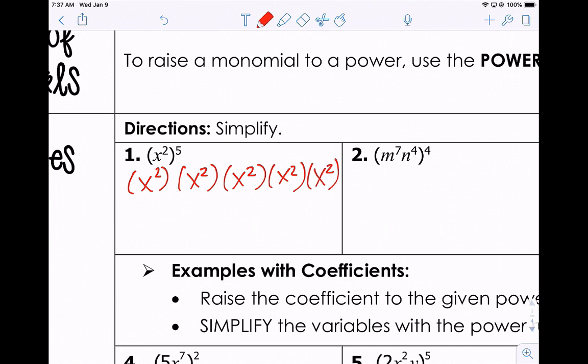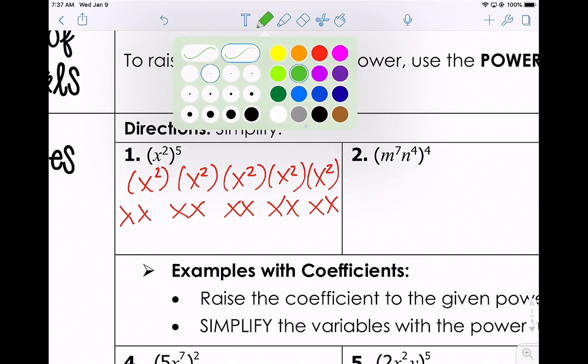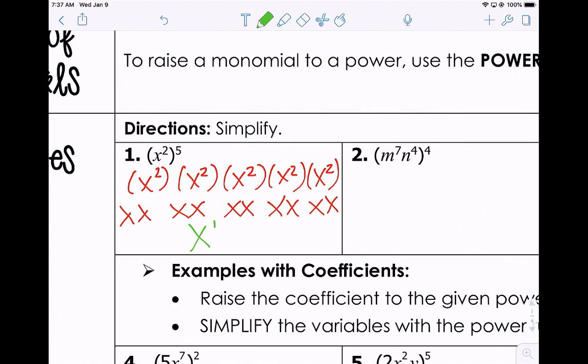Well, each x squared actually means x times x. So x times x, x times x, x times x, x times x. And now if I were going to rewrite all of this in simplified terms, I just see how many there are, and I can rewrite that. So I have 2, 4, 6, 8, 10. So I would rewrite this as x to the 10, which is the exact same thing if all I did was multiply 2 times 5.